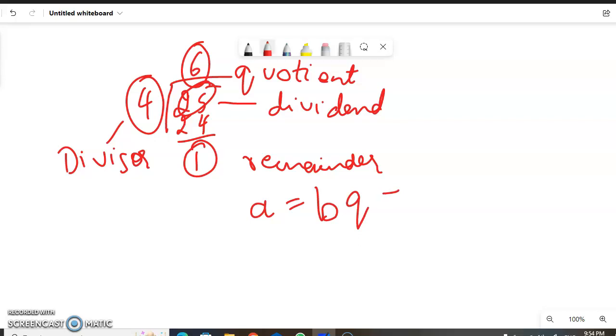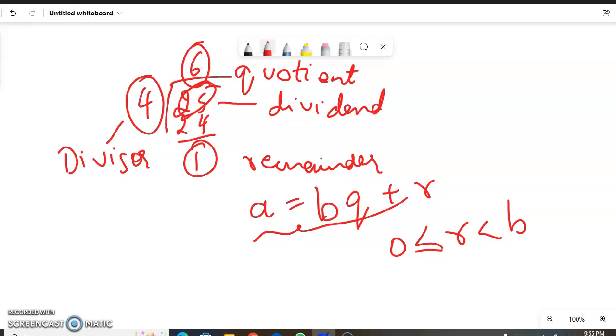B into Q plus R, and here R is the remainder. This is what Euclid's division lemma states. That is, our divisor multiplied by quotient, added to the remainder, we will get back our dividend. And R will be greater than or equal to 0 and definitely less than B, right? So this is Euclid's division lemma in a very simple way.